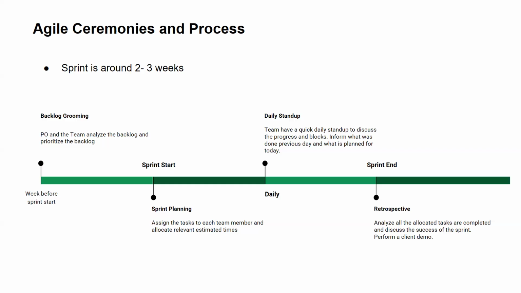During the sprint planning, the sprint team or the development team will go to the backlog and determine the tasks that we are going to take during the sprint. That's their responsibility. They will determine, okay, we have this much effort that we can put in during this sprint, and these are the tasks we are going to take, right? That is done during the sprint planning. It's around 4 hours.